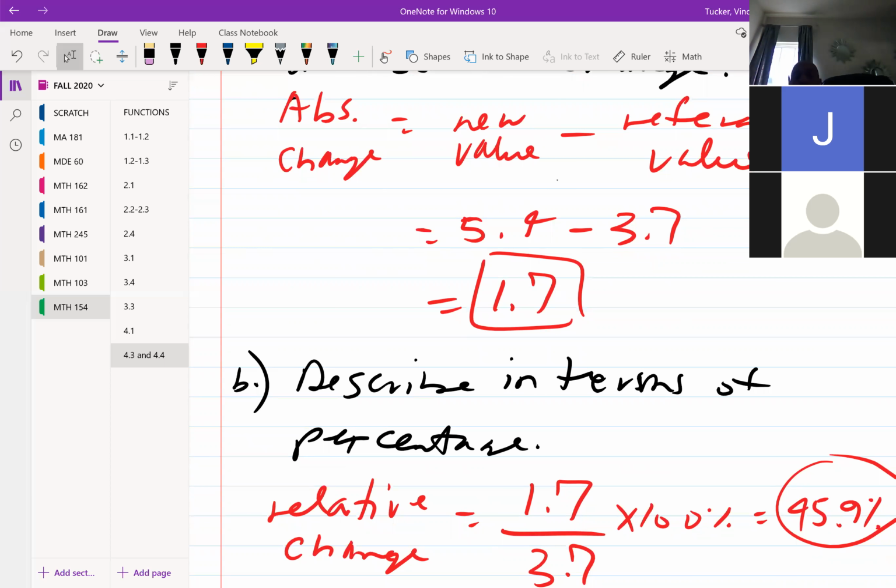So you take your absolute change and divide it by the original amount. 1.7 divided by 3.7 is 45.9%. Any questions?